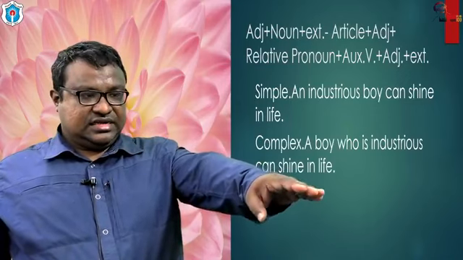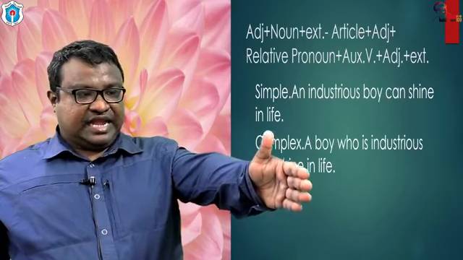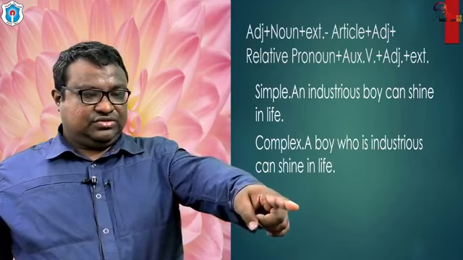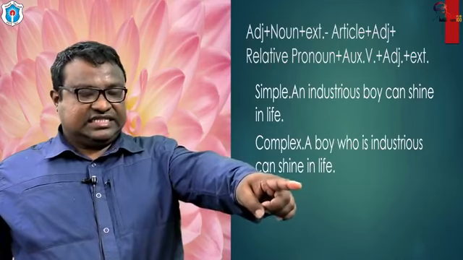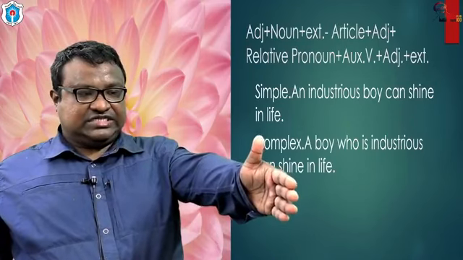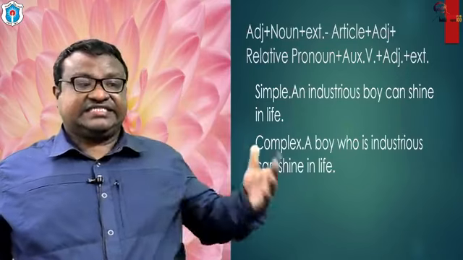then the relative pronoun, then the noun will come, and then we see the relative pronoun. Then we find that the relative pronoun who is followed by the auxiliary verb is, and then the adjective industrious, and then the extension.